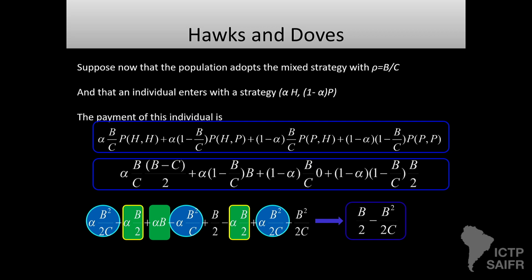So this is telling you that any other strategy against it will get the same payoff, independently of the strategy. Okay? You can just make the calculations and you will see that the payoff of any strategy with alpha here instead of rho, while competing with a strategy with a rho here, will get the same payoff. Okay?